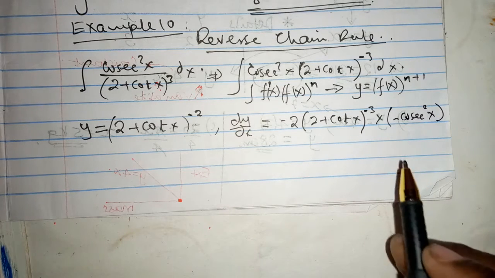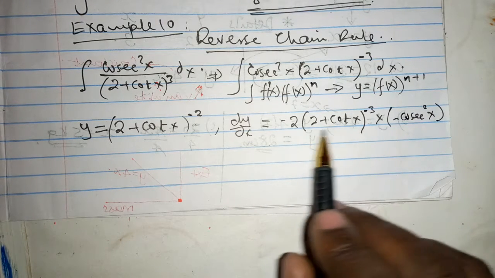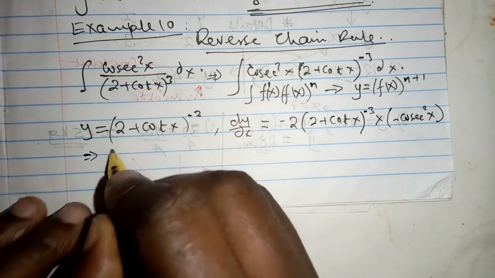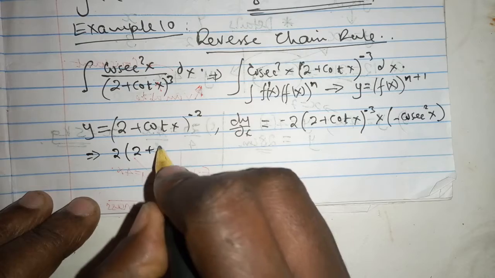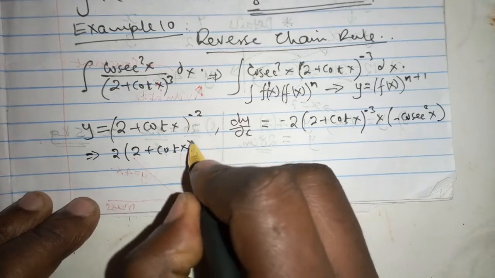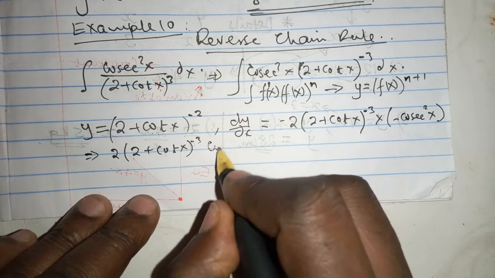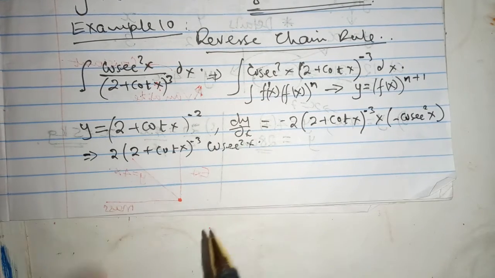This negative and this negative cancel out, so we have 2 times (2 plus cot x) to the power of negative 3 multiplied by cosec squared of x.